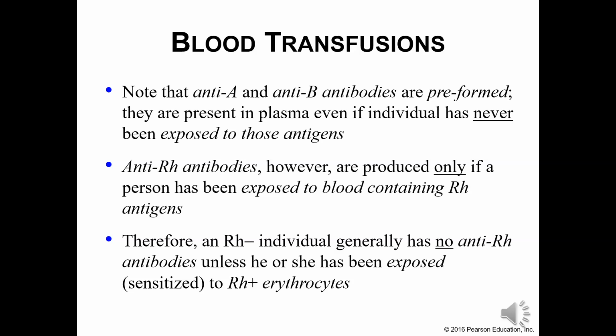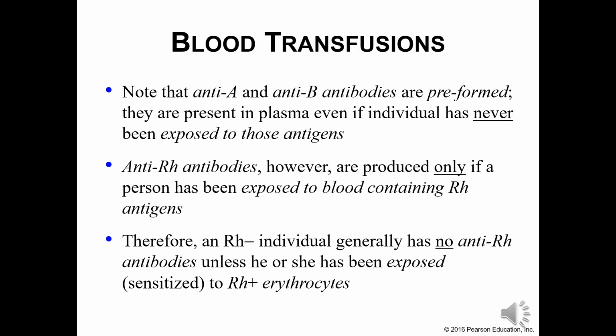Remember that anti-A and anti-B antibodies are preformed. They are present in the plasma even if the individual has never been exposed to those antigens. Whereas anti-RH antibodies are produced only if a person has been exposed to blood containing RH antigens.